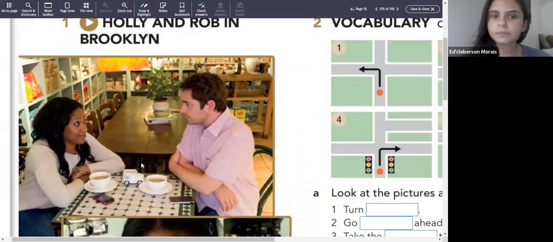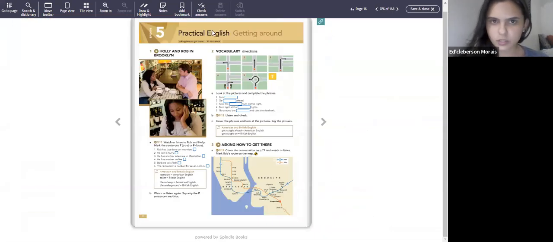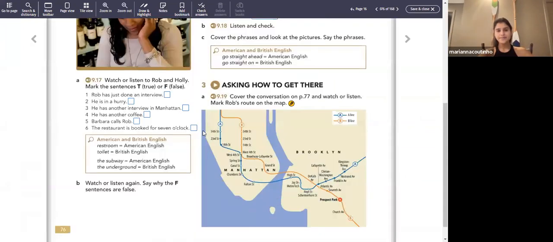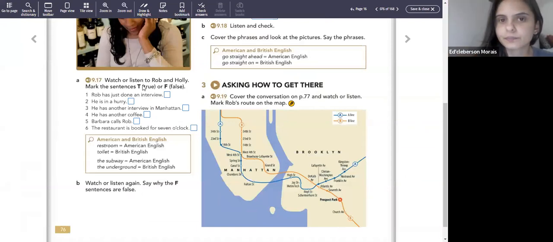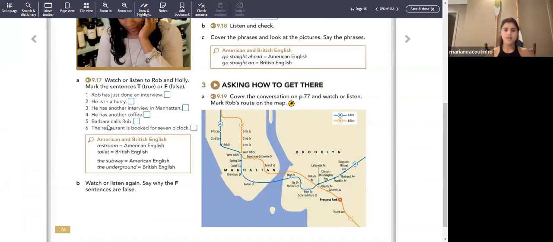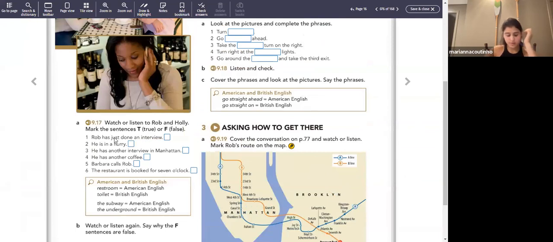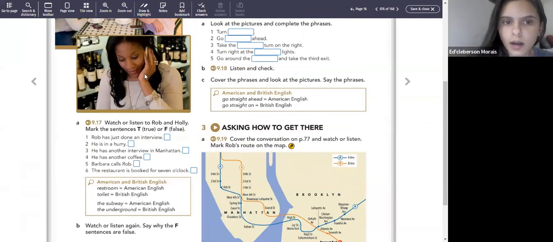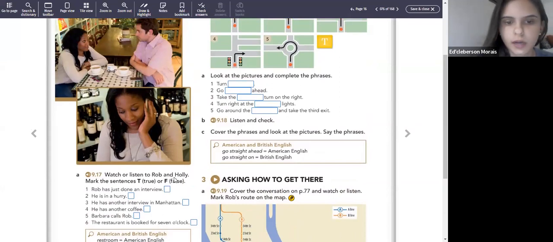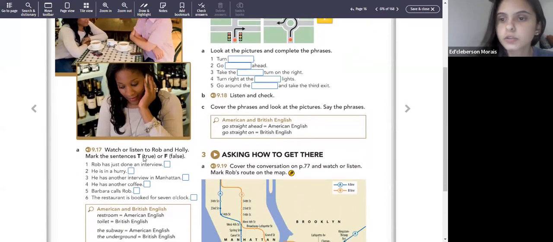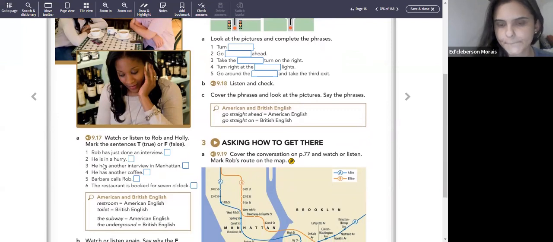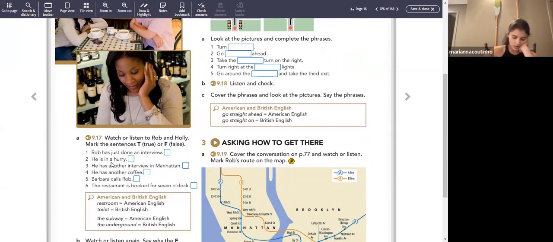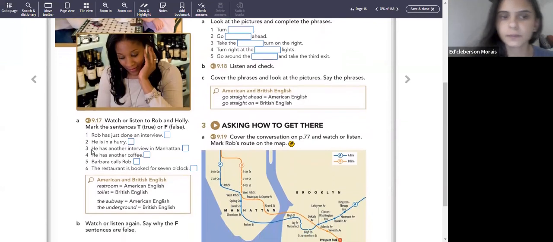So let's start. Holly and Rob in Brooklyn. Let's see what is going to happen with them. Letter A. Mari, please. Let's watch Rob and Holly, and let's mark true or false. Number 1. Rob has just done an interview. Number 2. He is in a hurry. Perfect. Number 3.